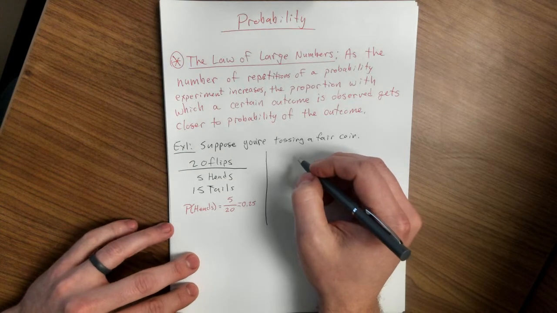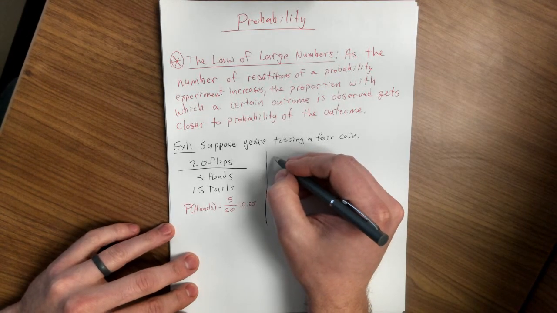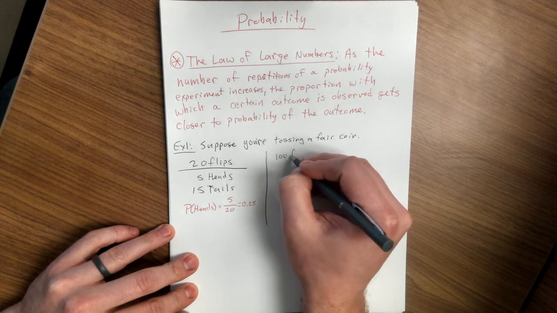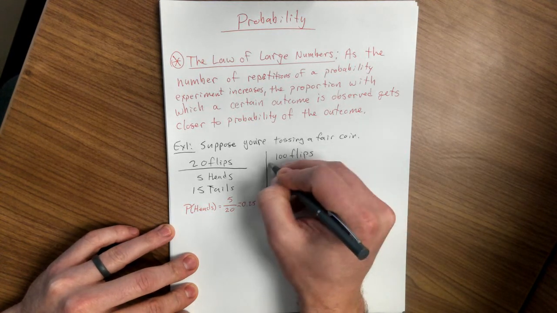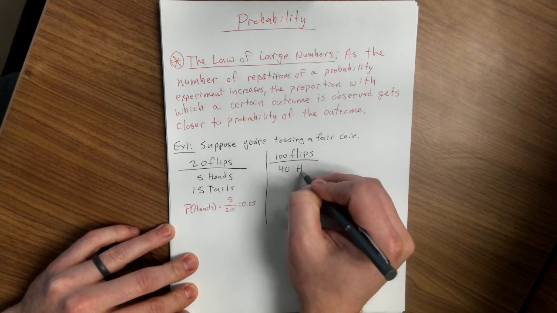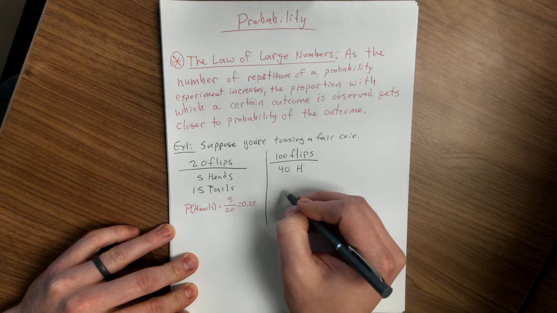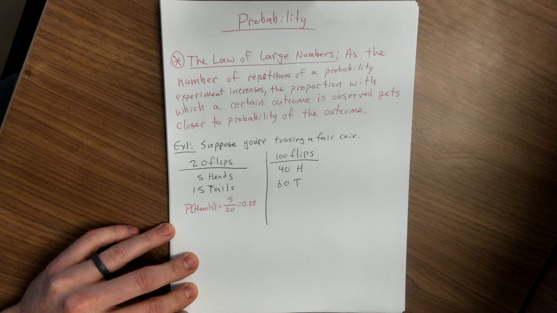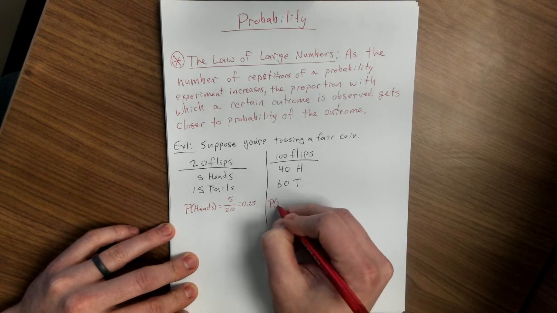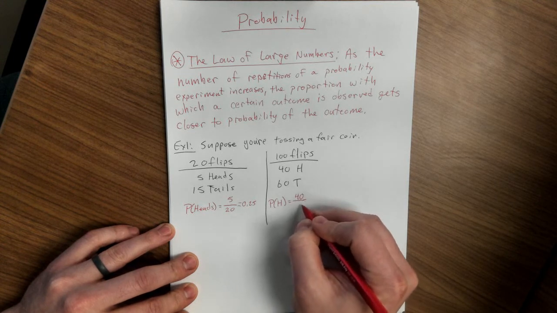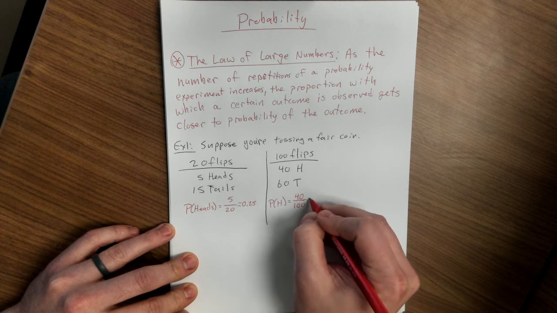And this is where the law of large numbers comes into play. It's talking about increasing your sample sizes and increasing your observations. So now let's do 100 flips. This time, let's say we get 40 heads, I'm going to label as H, and then 60 tails, I'm going to label as T. Again, just looking at heads only, the probability of a heads is how many observations we're looking for, so 40, over the total number, which is 100.